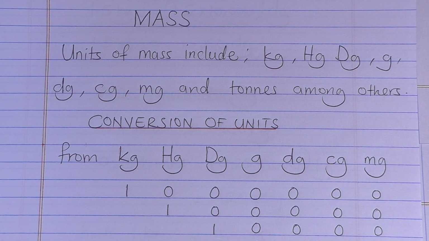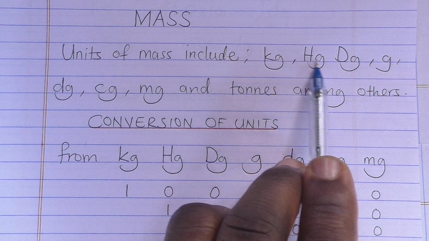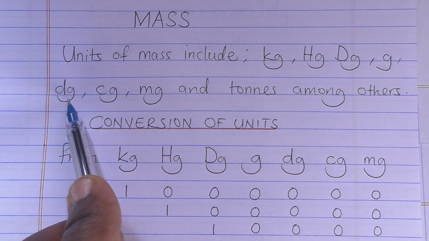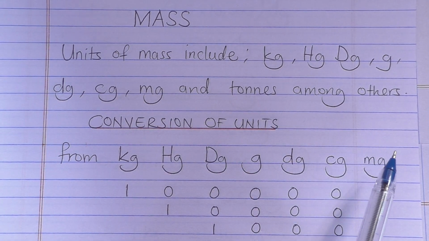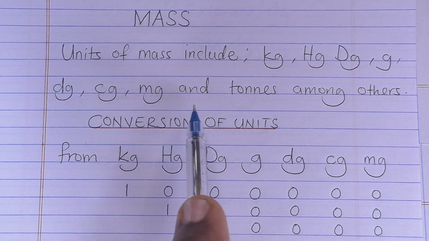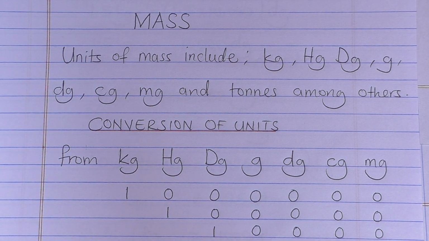However, besides kilograms, we also have other units which include hectograms, decagrams, grams, decigrams, centigrams, milligrams, tons, among other units. There are very many units, but these are the commonly used units. Therefore, since we have very many units of mass, that means that we can convert from one into another. That's what we are going to be looking at.